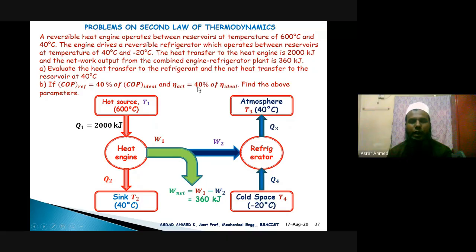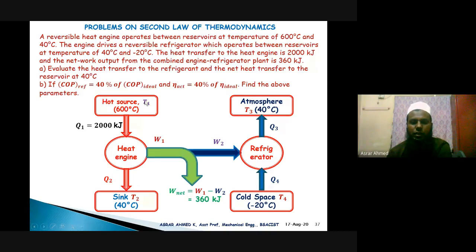Okay, and what is the second part of the first part? Evaluate the heat transfer to the refrigerant and the net heat transfer to the reservoir at 40 degrees centigrade. So the net means we are having more than one. Net heat transfer to the reservoir at 40 degrees centigrade.